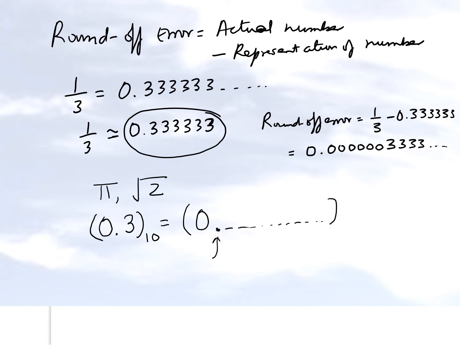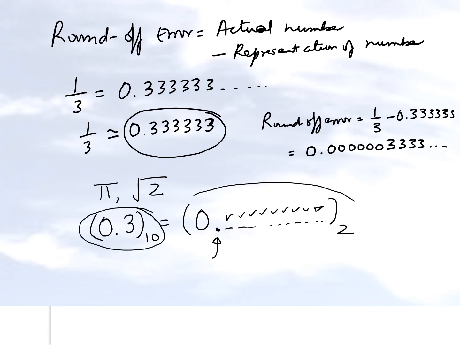Since the computer represents in base 2 and 0.3 cannot be written exactly in base 2, it would require an infinite number of digits after the radix point. Since the computer cannot have an infinite number of bits to represent the number, there is going to be a difference between 0.3 and how it is actually represented in the computer. That will be the round-off error also.